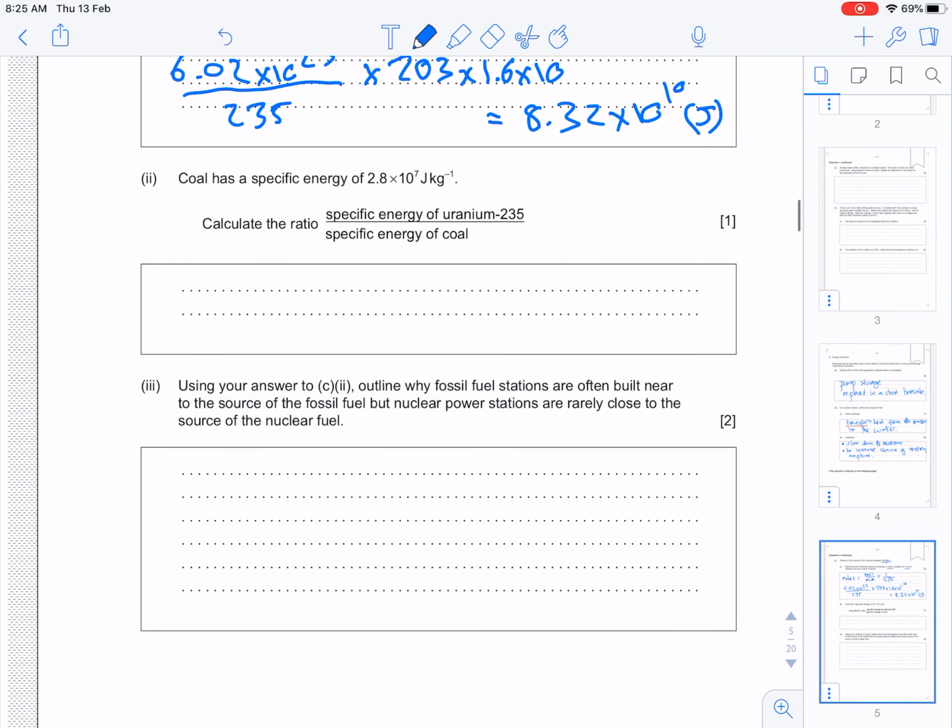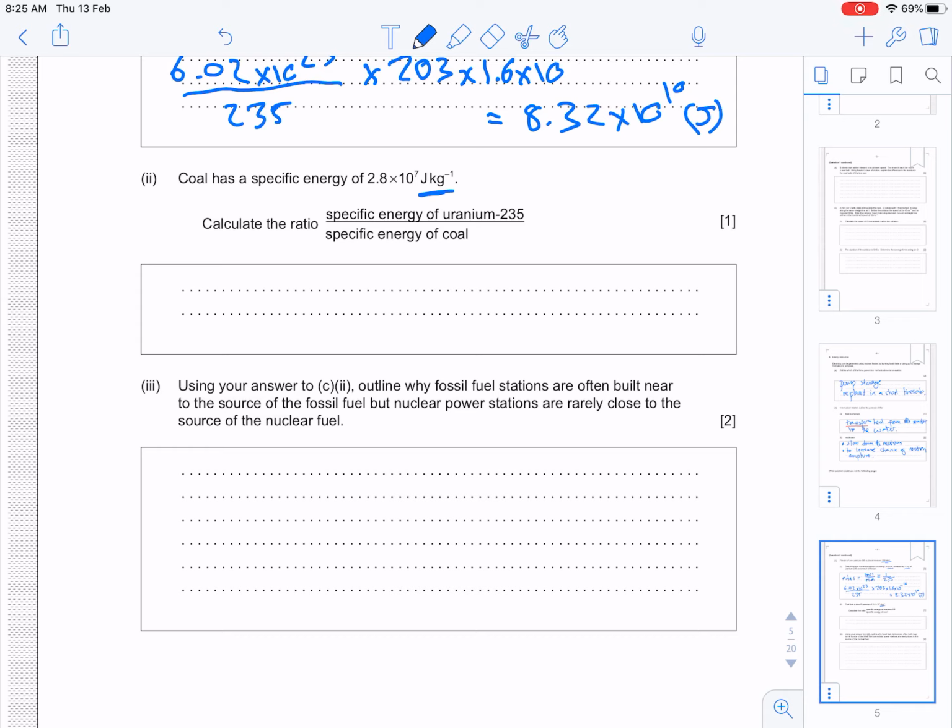Specific energy of coal is 2.8 times 10 to the 7 joules per kilogram, and they've given us a nice hint here in case we forgot the difference between specific energy and energy density. They've given us joules per kilogram. So the value for specific energy is energy per unit mass.